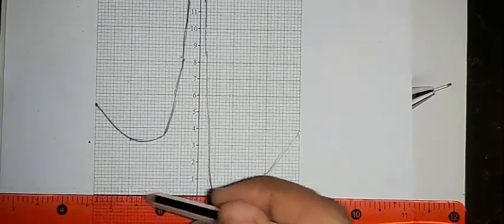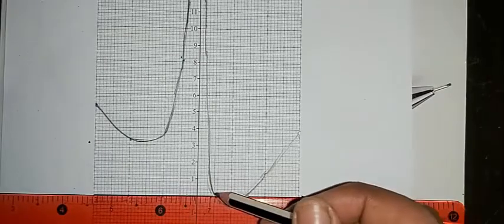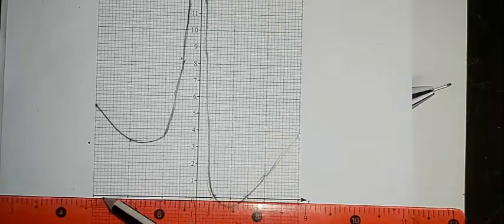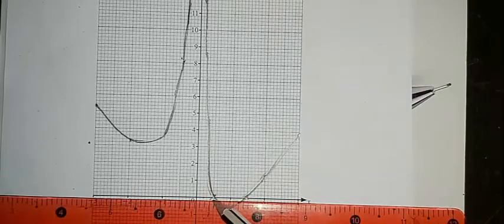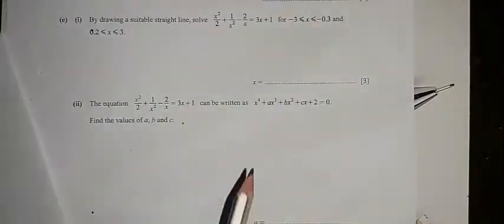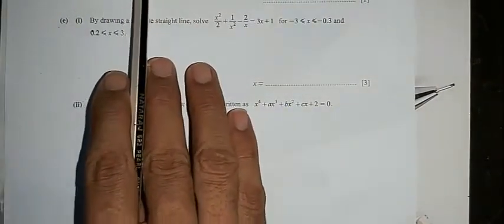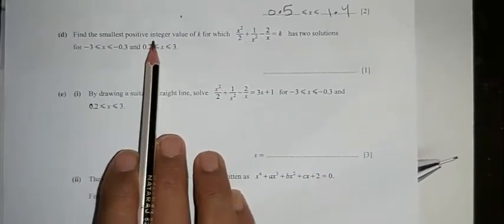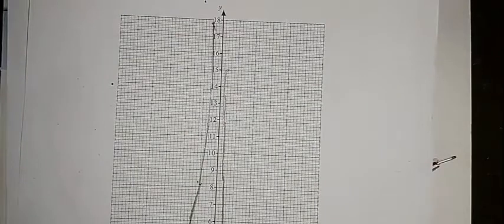This x-axis, okay, also the graph intersects this line in 2 points, okay, but here in the question we need the smallest positive integer. Positive integer means that we will go up like that and draw a line here like that, okay.